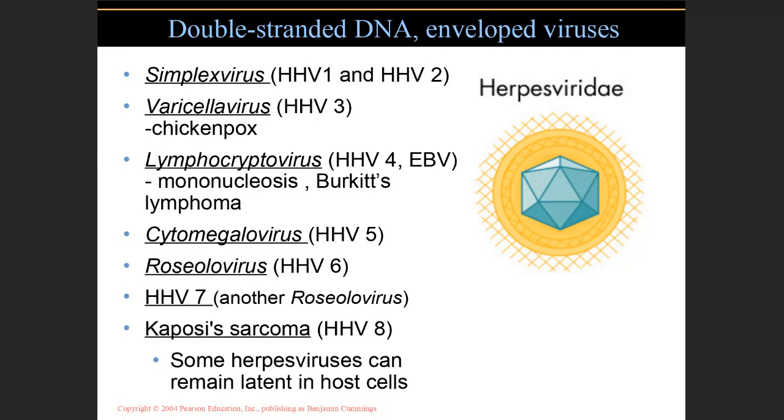We still refer to them as herpes simplex 1 and herpes simplex 2. And we'll talk about genital and oral herpes more, but HHV1 is the oral form of herpes. HHV2 is the genital form of herpes. You can get them in the opposite places depending upon what you like to do, so you have to be careful.